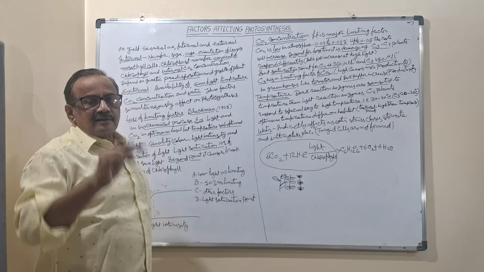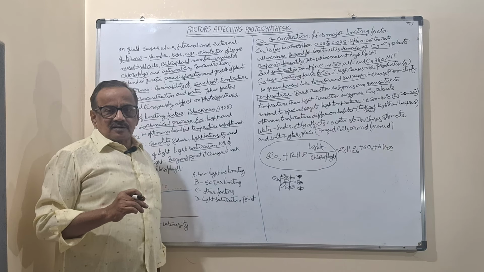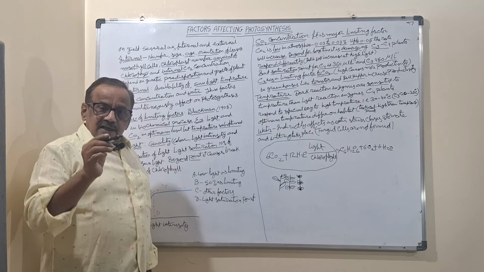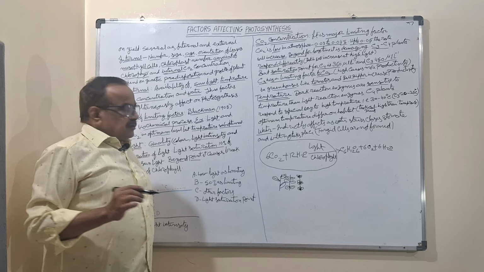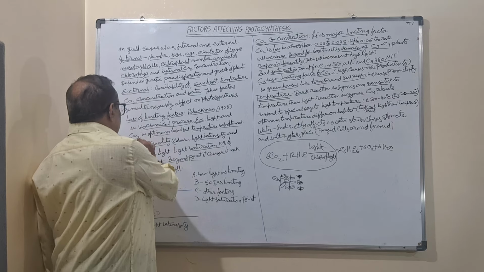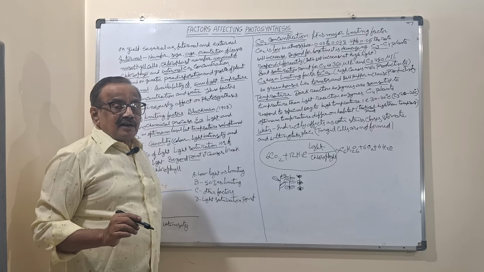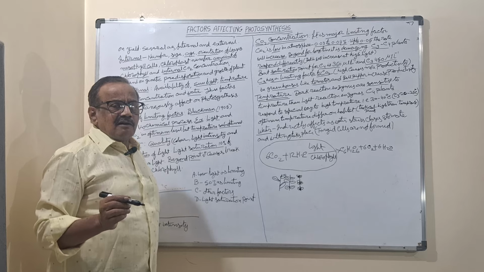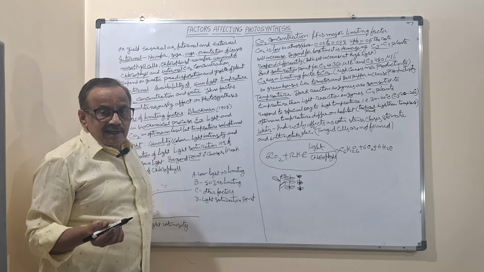Temperature is the limiting factor. He will ask questions like these, and it is given in our NCERT book also. So here, light, carbon dioxide, temperature, but the temperature is at suboptimum level, just below the required level, so it will decide the rate of photosynthesis.